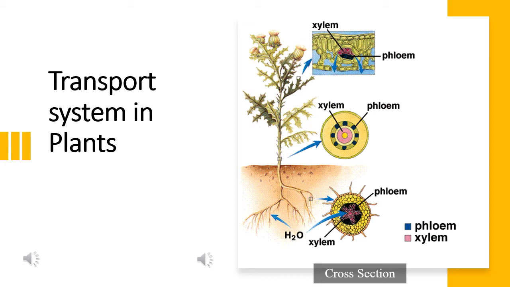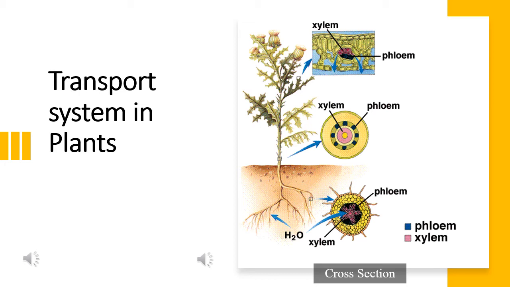The main tissues involved in the transport system are xylem and phloem. Now these are present in the inner layers of the stem. You can see here a cross section of a stem of a plant, and they have shown how xylem and phloem are present.